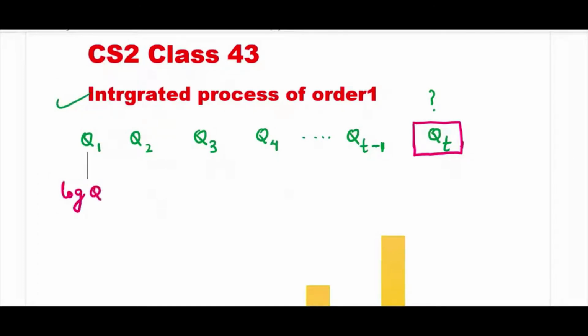Sometimes if you find the logarithm of all these values, this is a kind of mathematical stabilization. Suppose I take numbers here: 1, 10, 100, 1000, 10,000, 1 lakh.